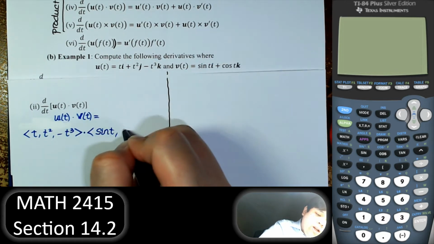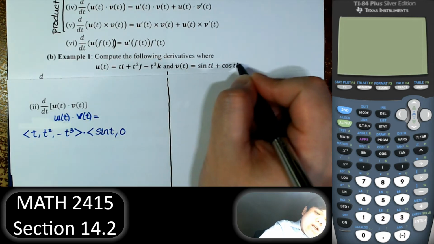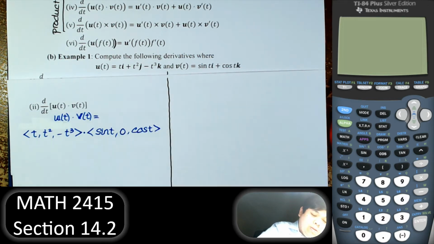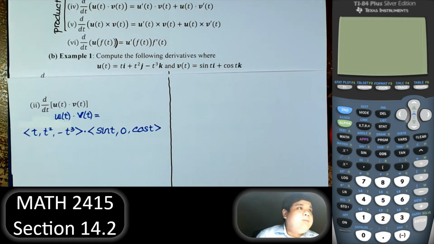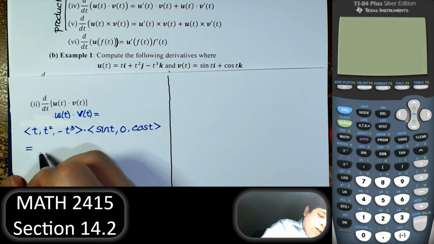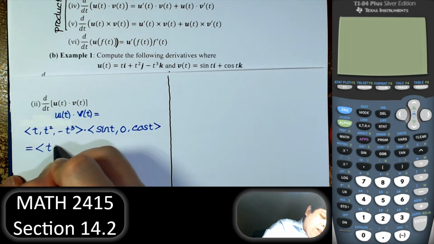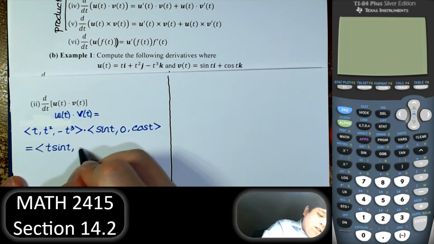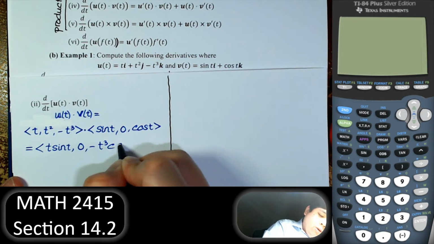There's no j, and there's a k, so that will be cosine. Right. So the dot product is equal to t sine t, 0 times that is 0, and negative t cubed cosine of t.